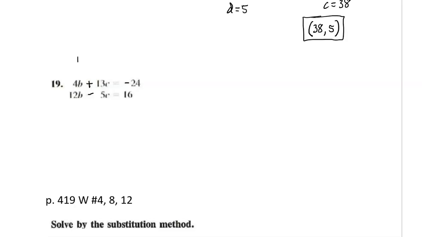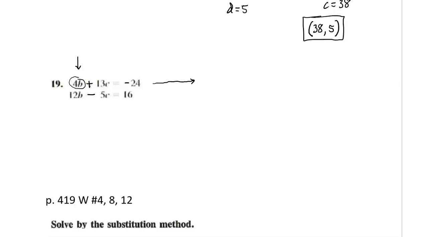It would be to make the variable B be opposite, because it's possible to turn the 4B into a -12B. If instead you said, I want to make the letter C be opposite, then you'd need the least common multiple of 13 and 5, which is 65. And you'd have to turn the top equation into 65C and the bottom equation into -65C. And that would take more work.